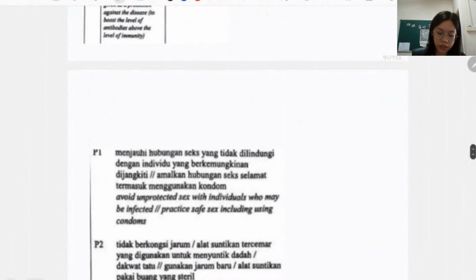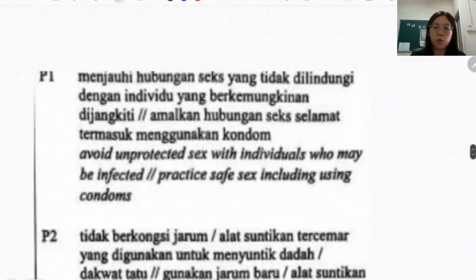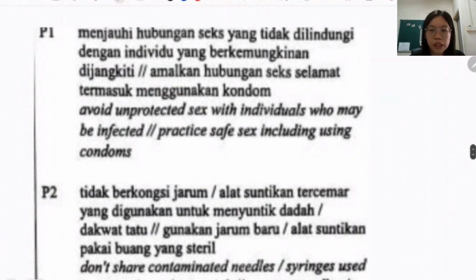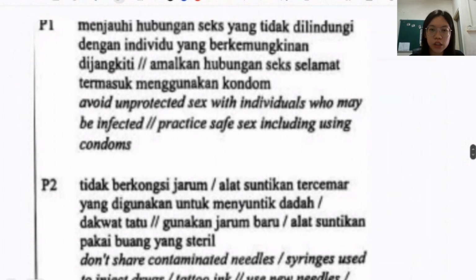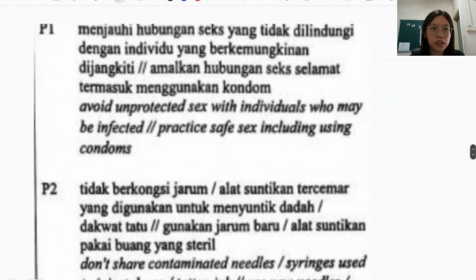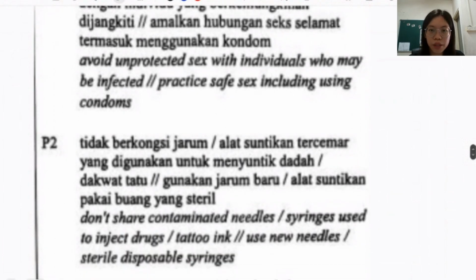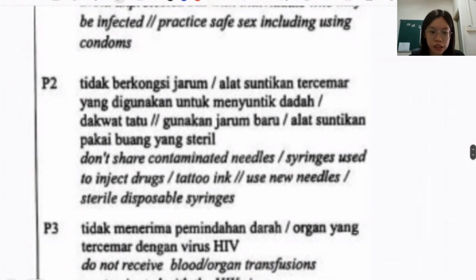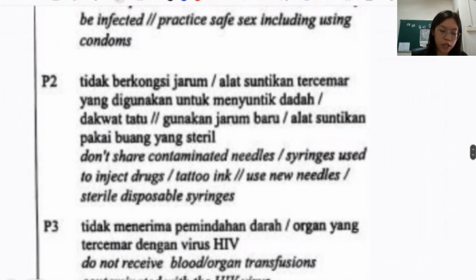So for preventive measures: avoid unprotected sex with individuals who may be infected, by using a condom. Don't share contaminated needles, because we are trying to avoid transmission through the blood.